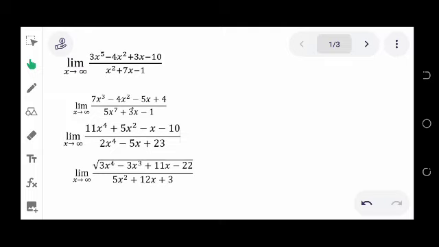For those who are taking up calculus, one would immediately think of using L'Hopital's rule, but there is actually a shorter way of finding the infinite limits of rational algebraic functions without using L'Hopital's rule.